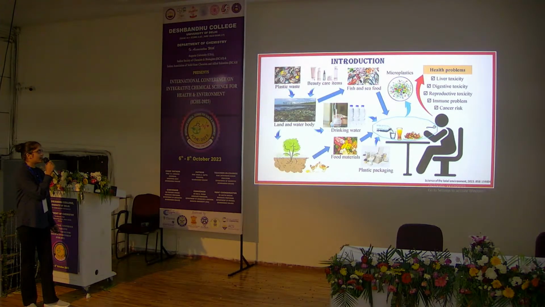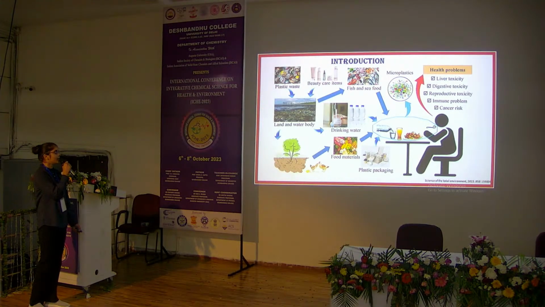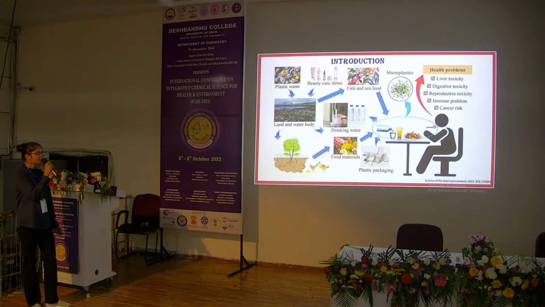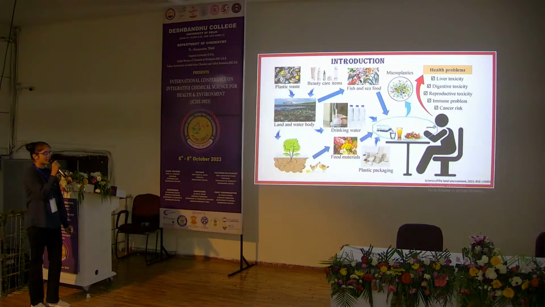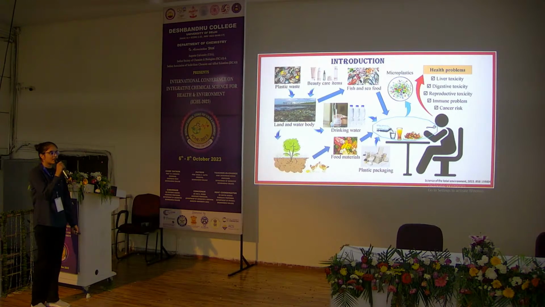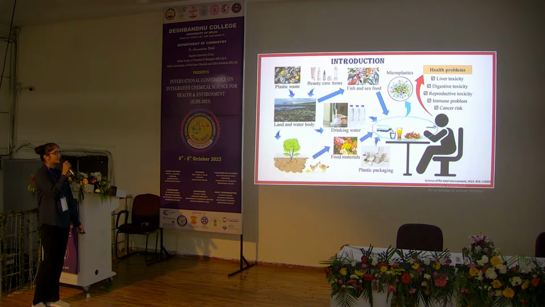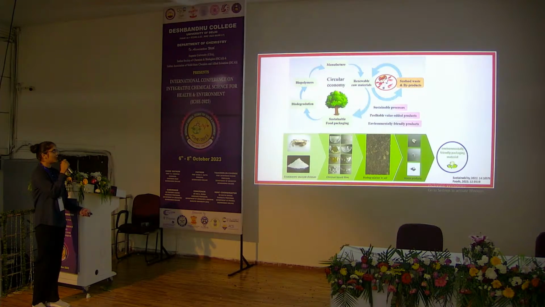It also pollutes the soil, and from the soil it goes to the plants, and from the plants it goes into food materials, and when we eat the food, the plastic goes in our body and affects health, such as liver toxicity, digestive toxicity, reproductive and immune problems, and cancer risks also.